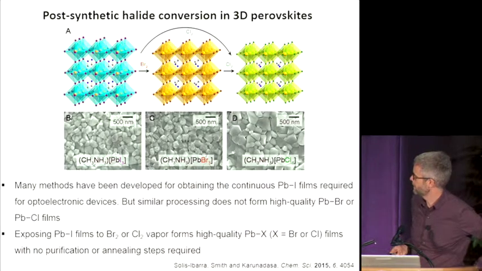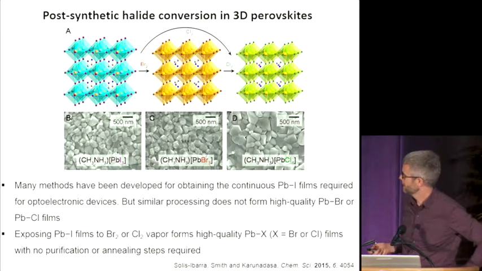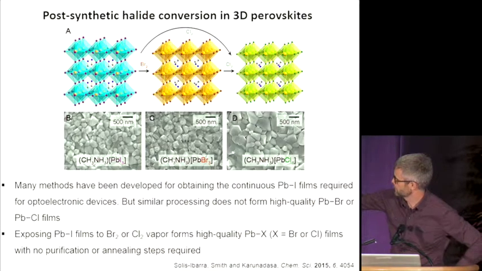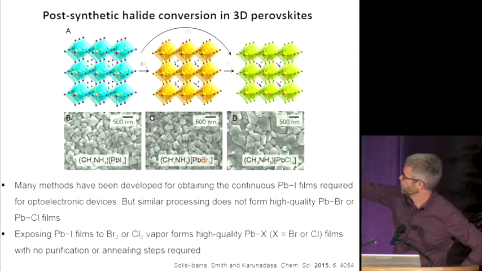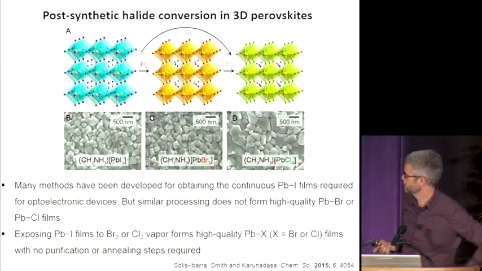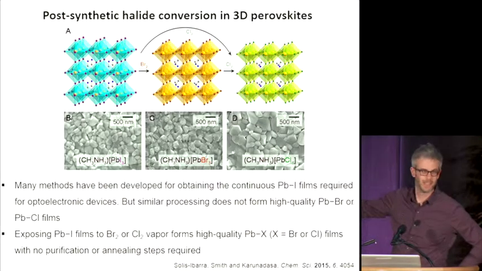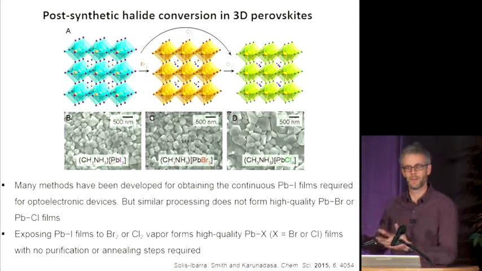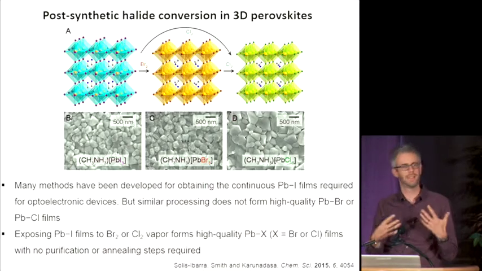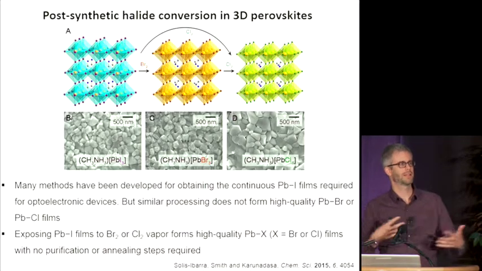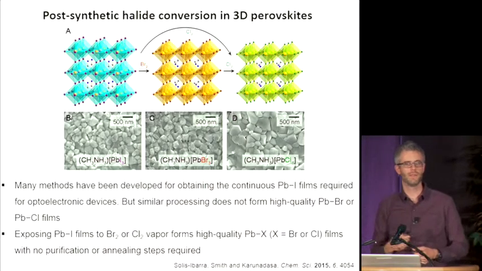Hema's group has also observed that if you take a film of methyl ammonium lead iodide and expose it to bromine gas, in just a few seconds you can switch it to the bromide compound, or if you expose it to chlorine, you can switch it over to the chlorine compound. And I don't know that that's necessarily useful for solar cells, but it's very cool, and just gives you an idea of how easily the halides can move around within these films.